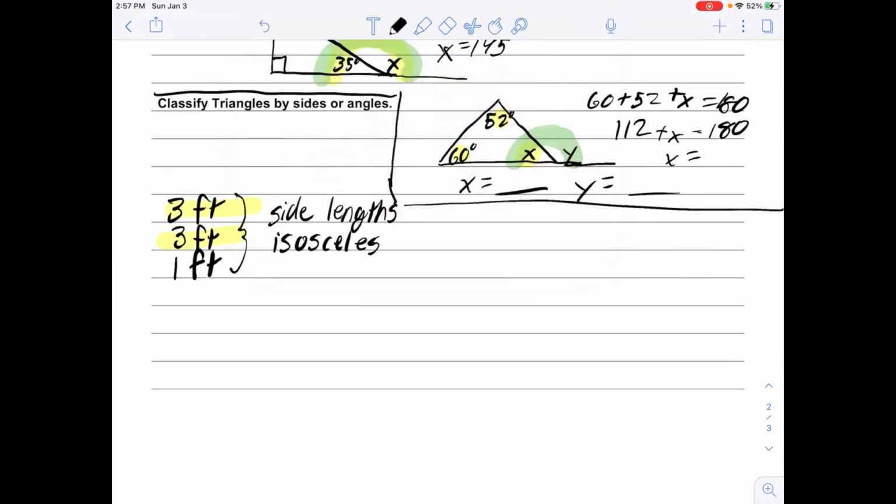Similarly, if I told you that I had a triangle with measurements 8 meters, 4 meters, and 9 meters. Again, meters is the length. These are side lengths. See if you can figure out what kind of triangle this is and then come back and check your work.